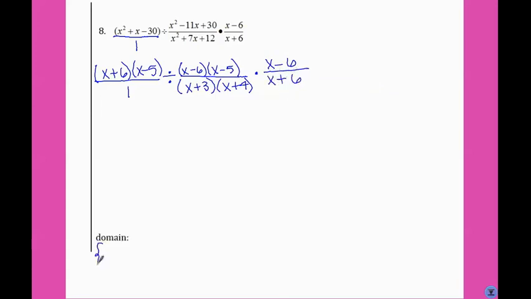So far in our domain restrictions, x such that x cannot equal negative 3, negative 4, or negative 6. So we're going to keep our first fraction the same.